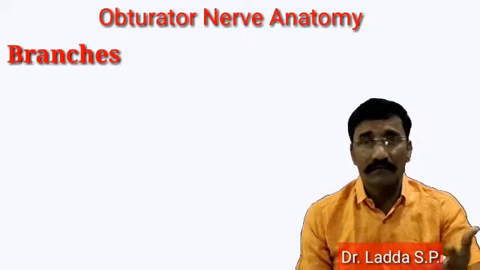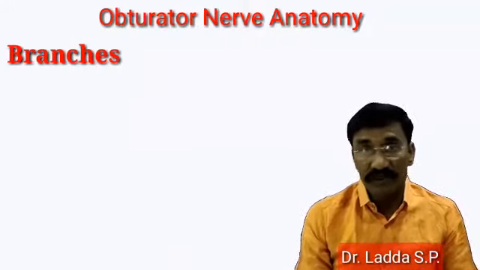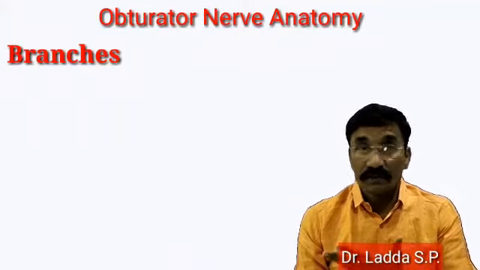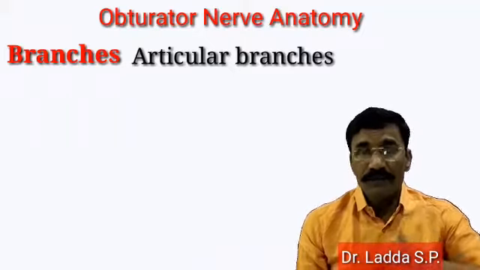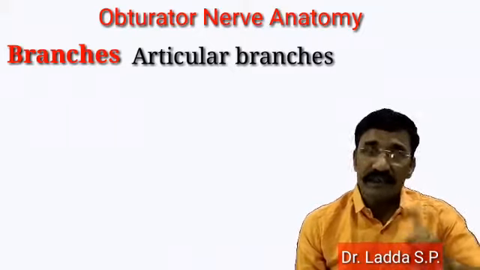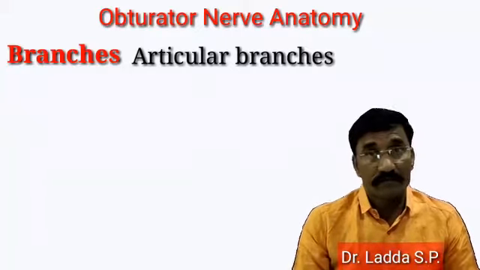We talked that the nerve supplies muscles, joints, vessels, and the skin. Now the joints. We know there are two joints in connection with the obturator nerve. One is hip joint and second is knee joint.